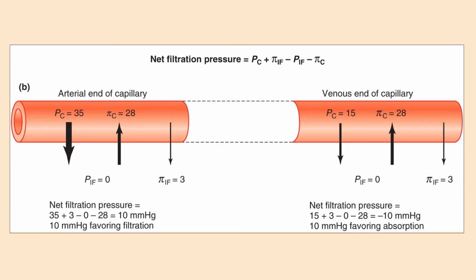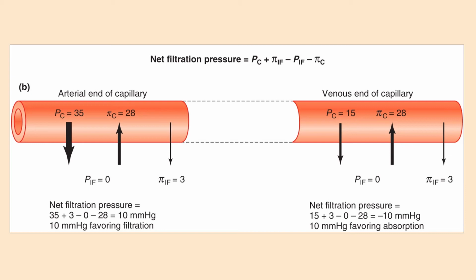So let's look at the arterial end of this capillary. We see our four forces represented. Moving from right to left, we see P sub C, that's hydrostatic capillary pressure, so that's blood pressure inside the capillary, and that has a value of 35 millimeters of mercury. Down below, we see the hydrostatic pressure of interstitial fluid, and that's very low.